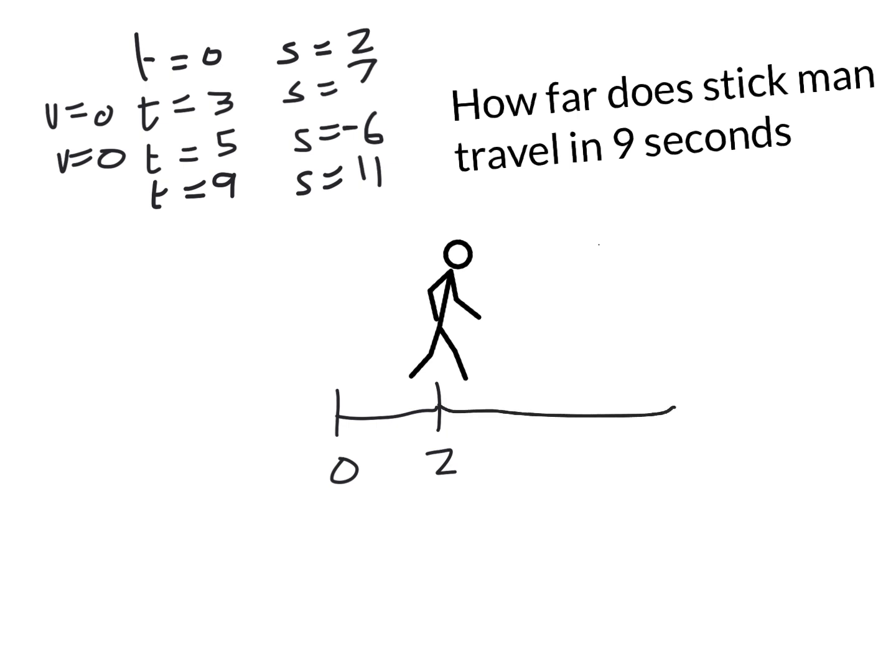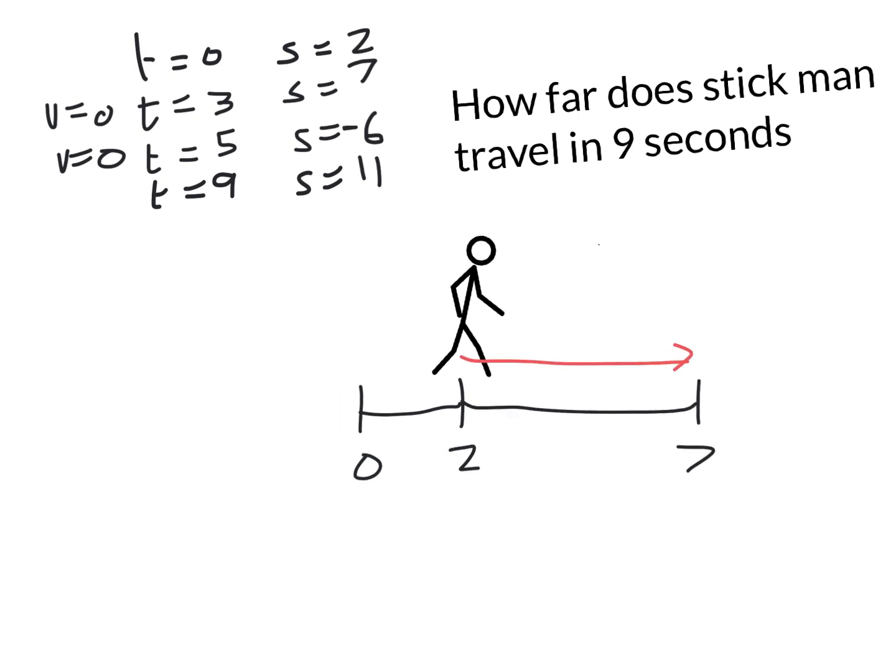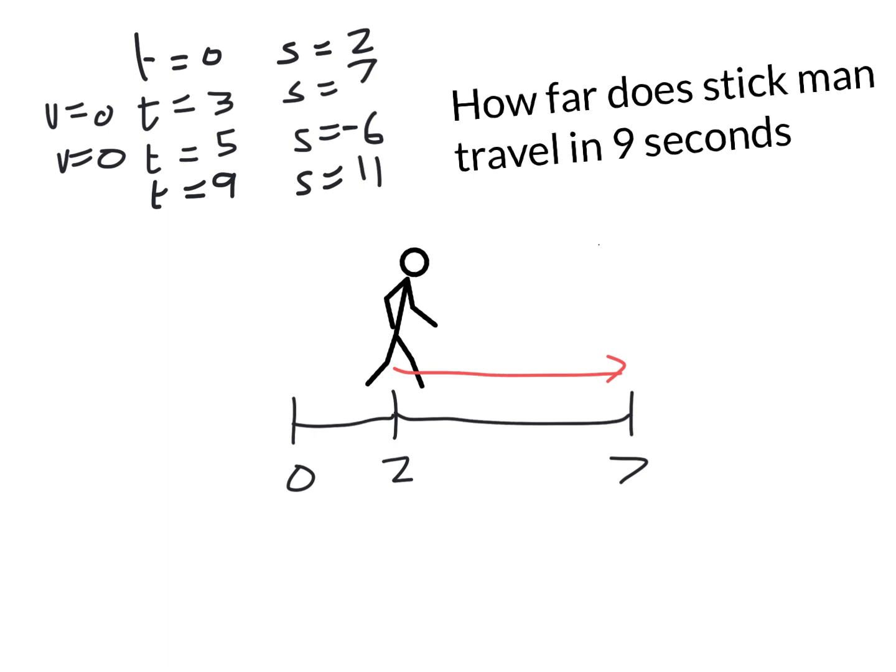So we must be out here. So his first journey is from 2 meters to 7 meters, like so. Distance is 5 meters.